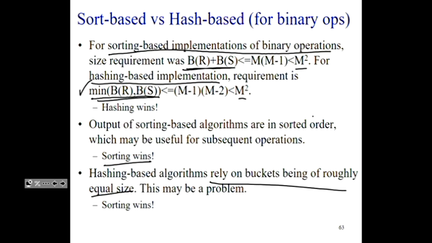This may be a problem. There may be cases where the buckets are not of equal size, and in such a case, once again, sorting wins. Okay, so overall, it's not a clear distinction between sorting and hashing. Both of them are pretty good, but there may be cases where one wins over the other. It's not clearly determined upfront, at least.